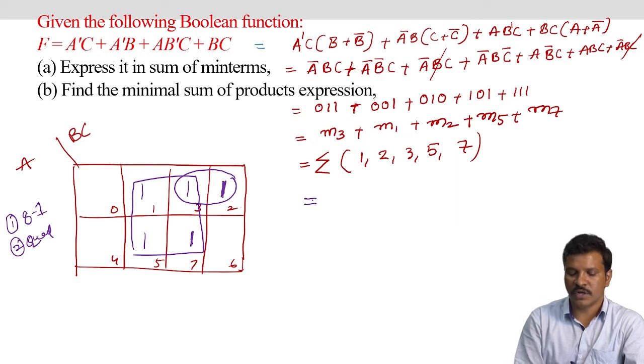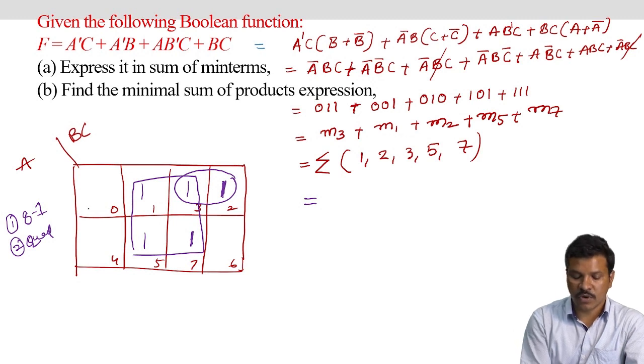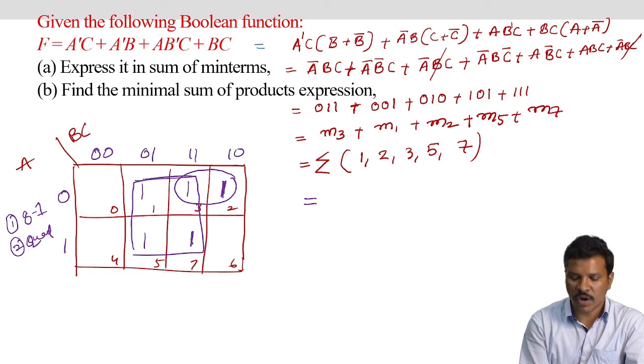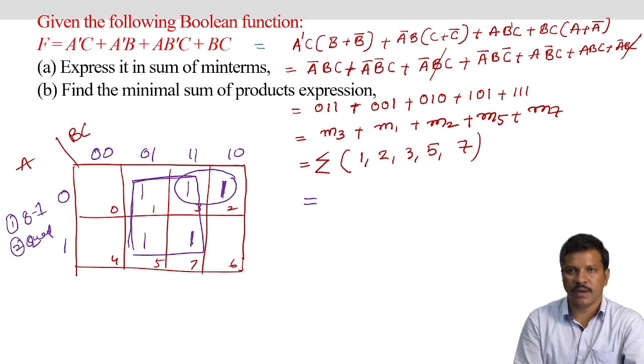What is the Boolean expression for the square box quad and the pair? Take the square box. A is 0 and 1 in the horizontal, and BC is 00, 01, 11, 10. The square box covers 2 horizontal lines, the 0 line and the 1 line, so 0 and 1 cancel together and no A term comes.